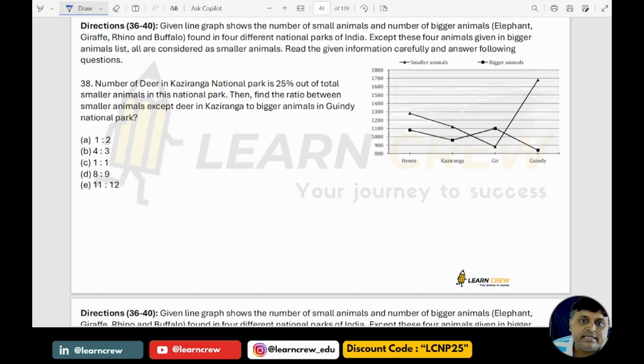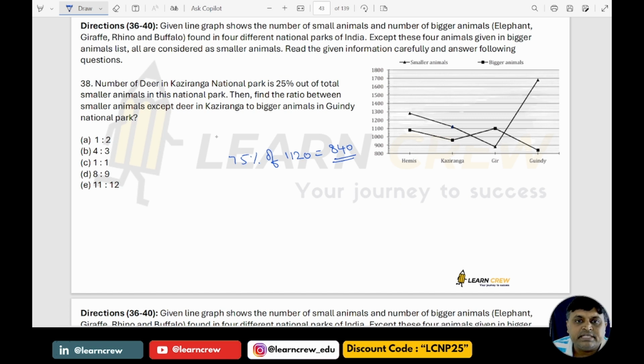So deer are 25%, so except deer, remaining are 75%. 75% of how much? 75% of 1120 is 3/4 of 1120. Thereby, I will get 840. 3 into 280, 840. So 840 are smaller animals except deer.